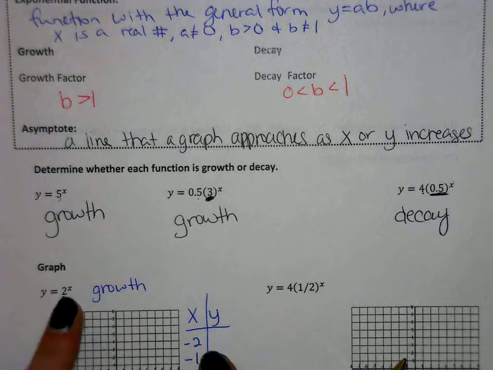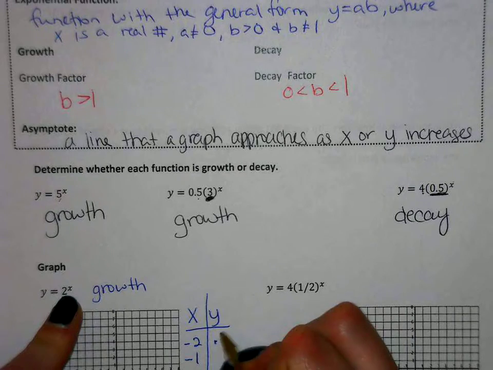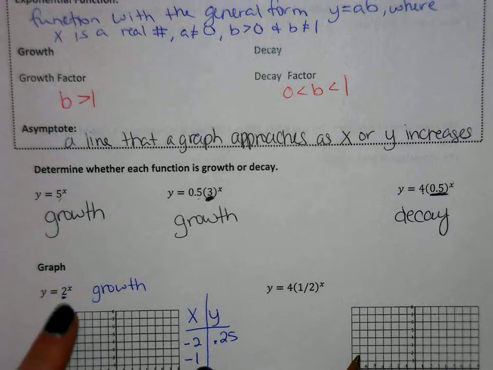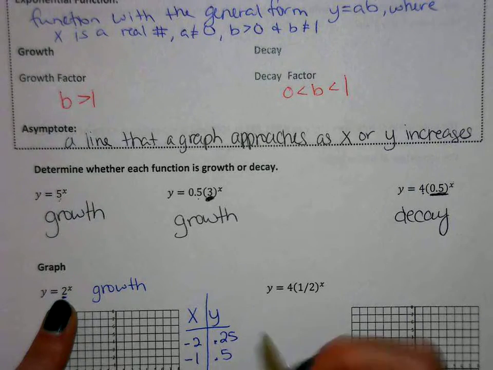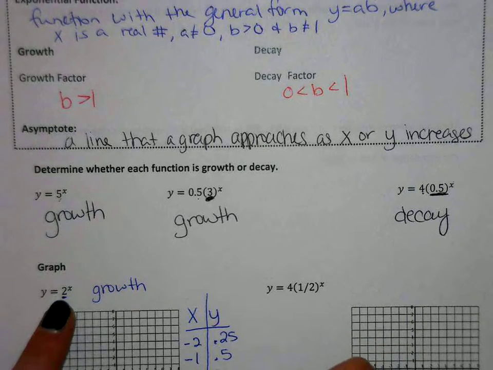So if we plug in -2 for x, 2 to the -2 power is 0.25. 2 to the -1st power is a half. 2 to the 0 is 1. 2 to the 1st power is 2. 2 to the 2nd, 4. 2 to the 3rd, 8.